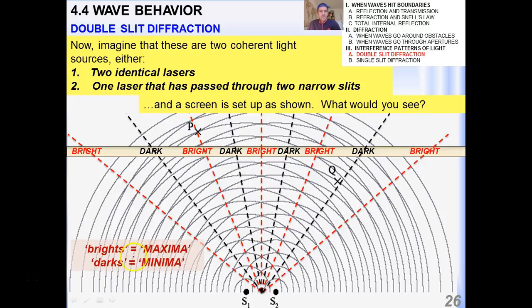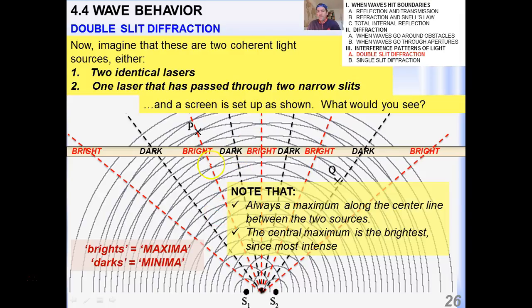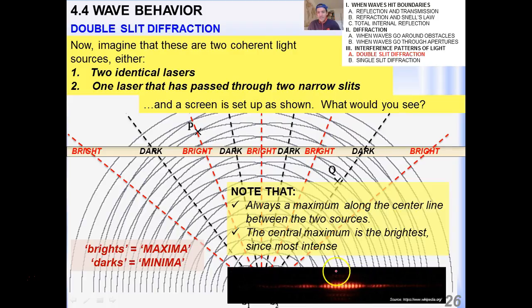Now, the brights are maxima, the darks are minima, and I want you to note a couple of things. There's always a maximum along the center line between the 2 sources. That's the first one I talked about. And the central maximum is always the brightest, since it's the most intense. In fact, this is what a double slit diffraction pattern looks like in real life.